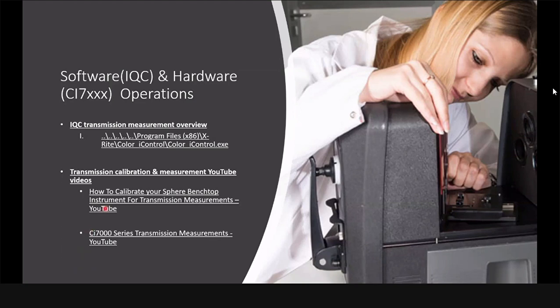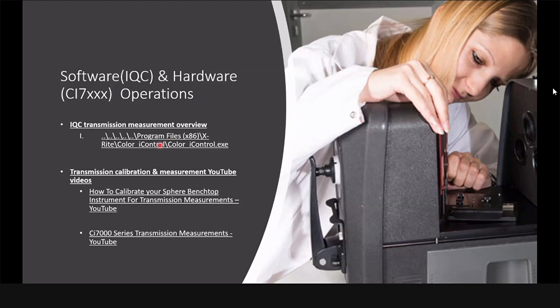Irene, we have a question. Please go ahead. For 3D samples or irregular shape objects that require transmission, like bottles or plastic bottles, do we have a holder for that?